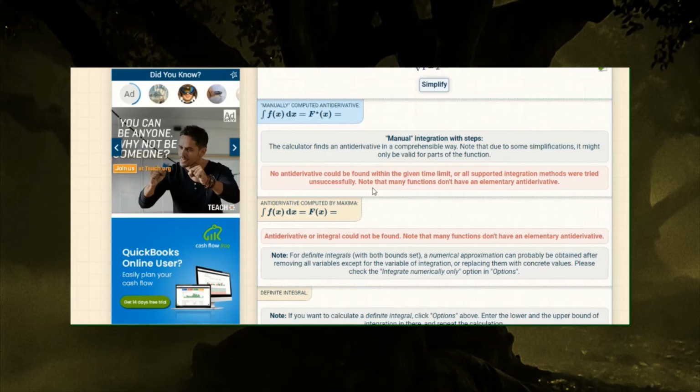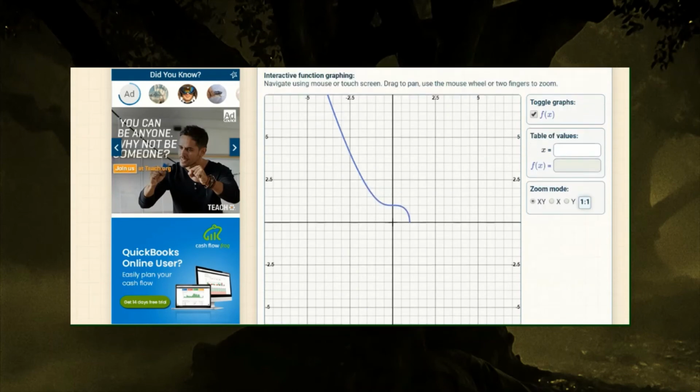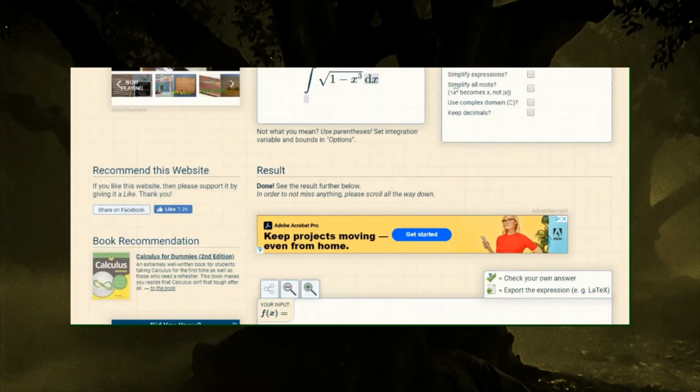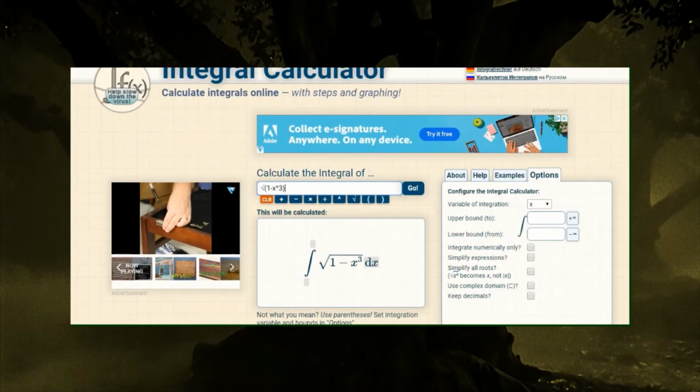And it also tells you, note that many functions don't have an elementary antiderivative. This is true. This is good because it also gives you the graph of the function, and if the antiderivative existed, it would graph that for you as well. So no antiderivative there. So we would have to use the trapezium rule if we wanted to evaluate a definite integral with this. Let's have a look at the next one.